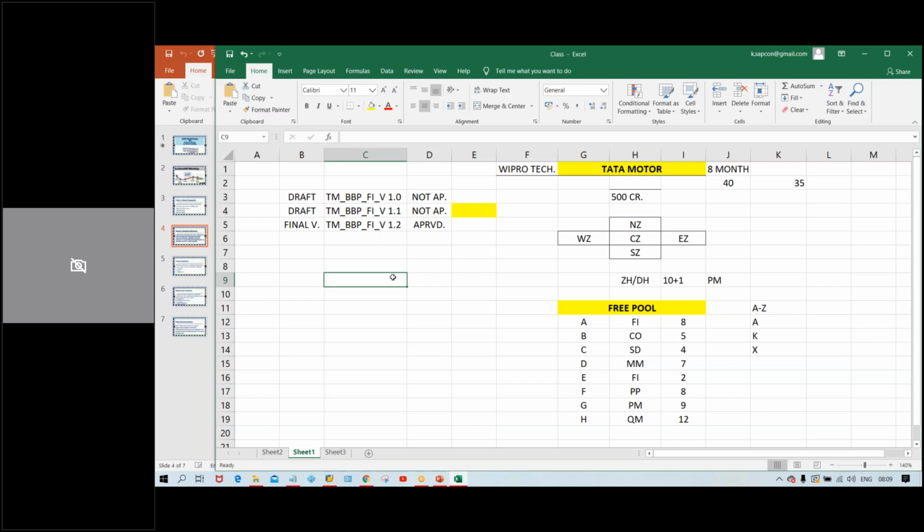So which version of the blueprint do we send to the client for sign off? You have to say always the final version, guys. Whatever the approved version is, only that is going to be sent to the client for sign off. So this is what we are doing in the blueprint phase, guys.